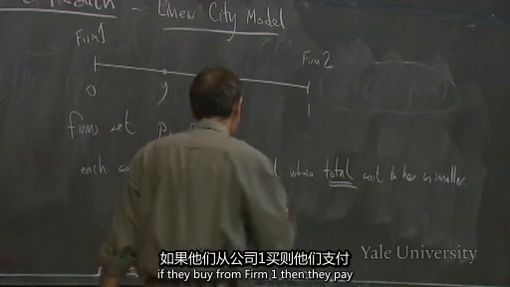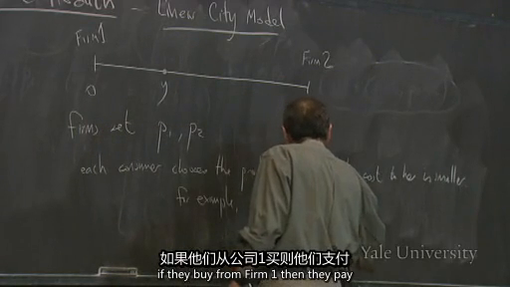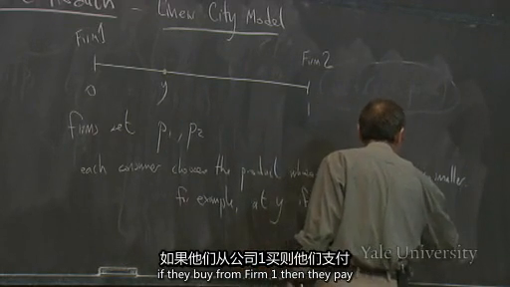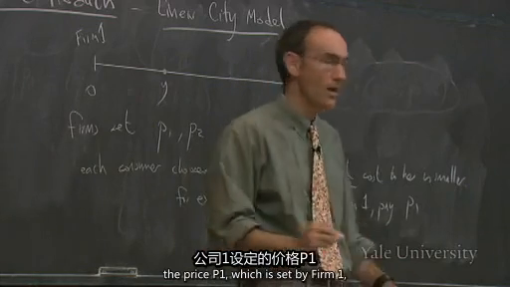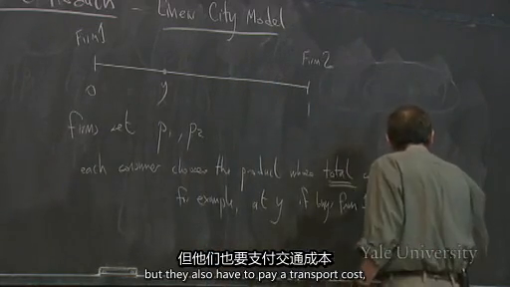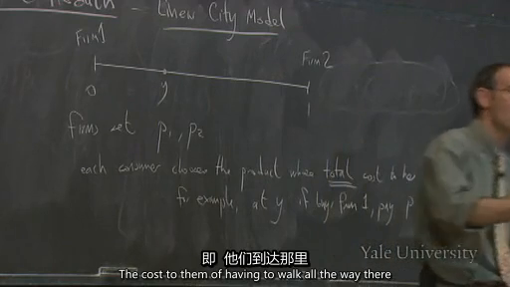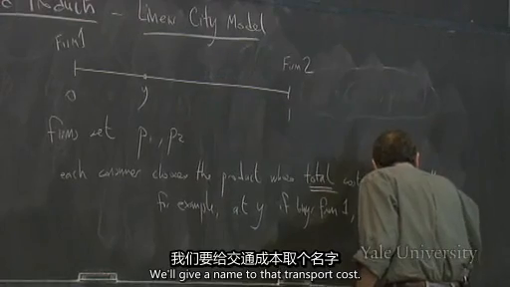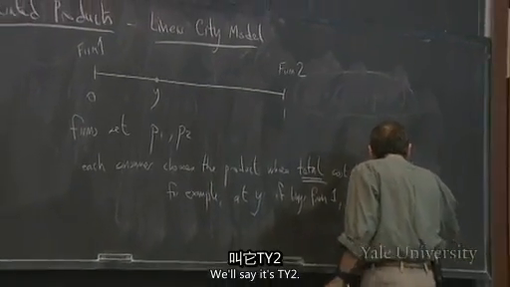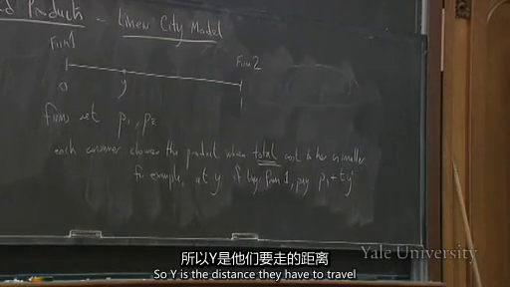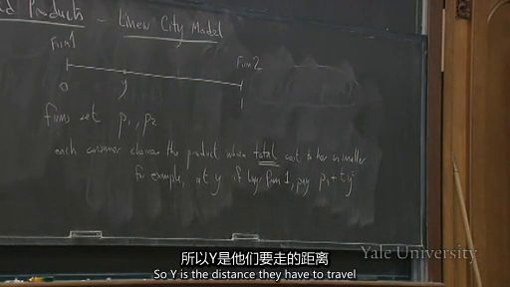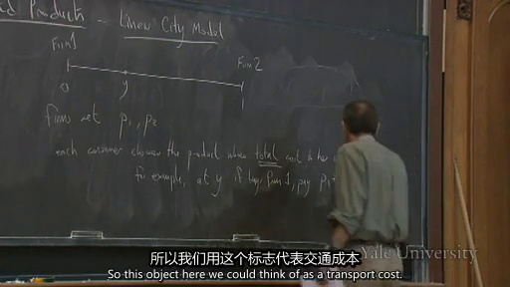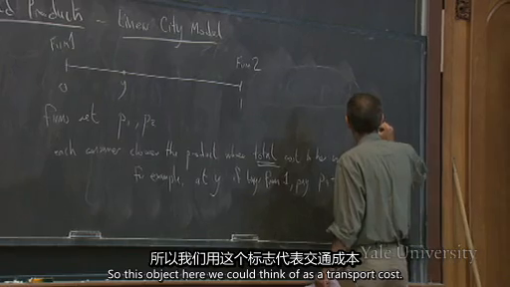If they buy from firm 1, then they pay the price P1, which is set by firm 1, but they also have to pay a transport cost, the cost to them of having to walk all the way there and walk all the way back. We'll give a name to that transport cost. We'll say it's t y squared. So y is the distance they have to travel, and t y squared is their transport cost. So this object here we could think of as a transport cost.